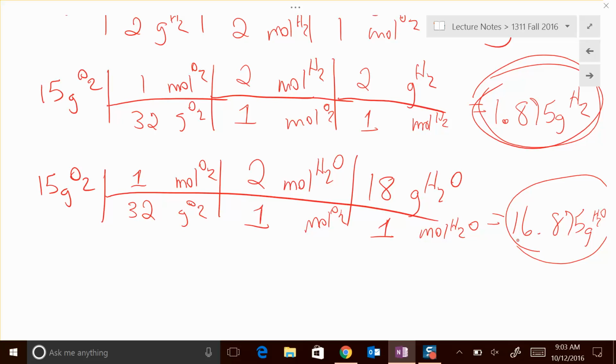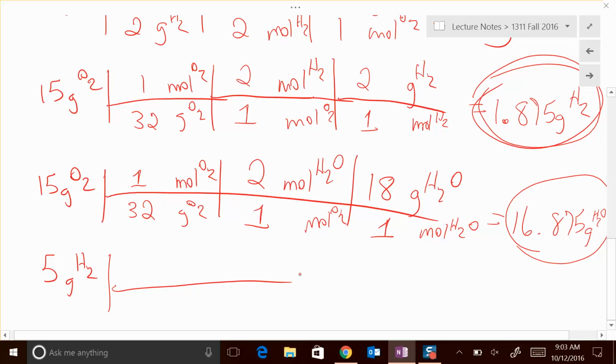What if I had used the wrong reagent? What if I had used hydrogen? 5 grams of H2. Moles of H2 to the moles of H2O to the grams of H2O.